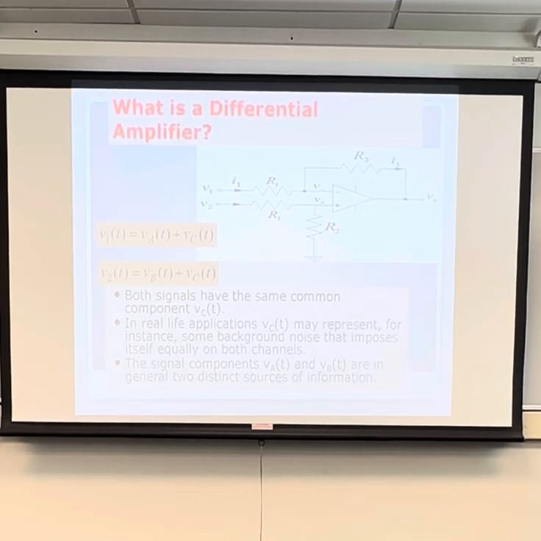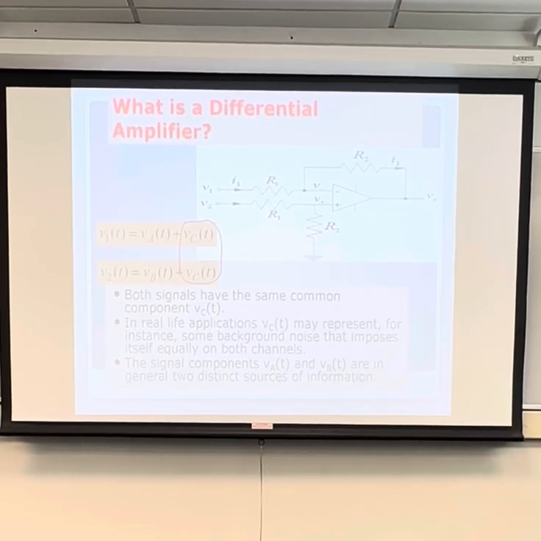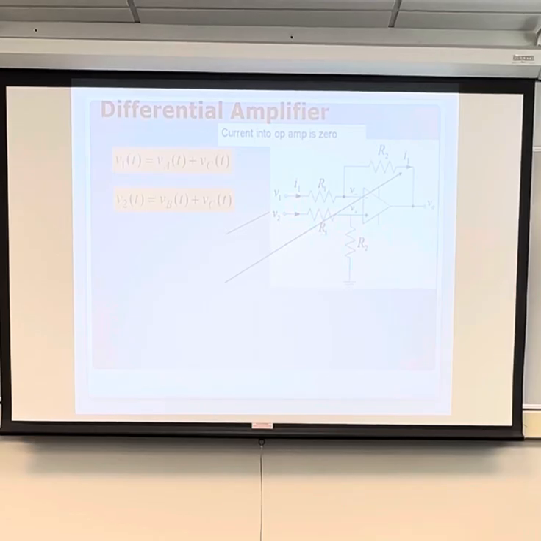Now, in order to design a circuit to reject these common modes, we have 4 resistors to design with. So we need to find an equation for this amplifier, and then we can get into how we're going to actually set the values of these resistors to get this common mode rejection.